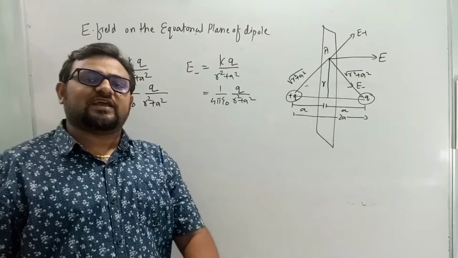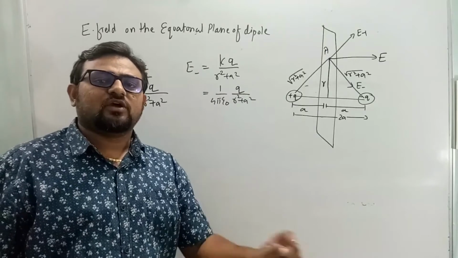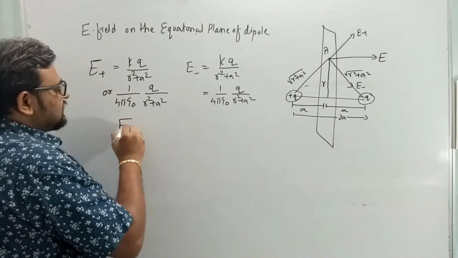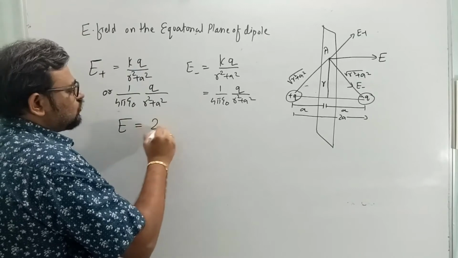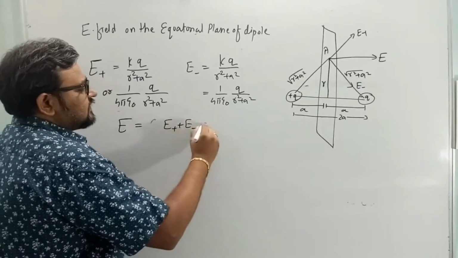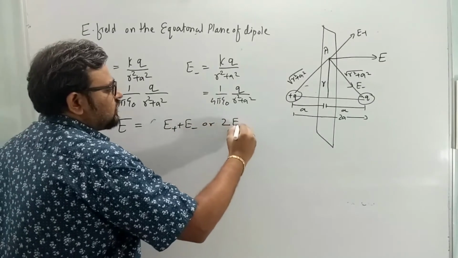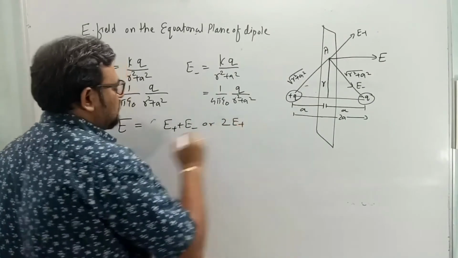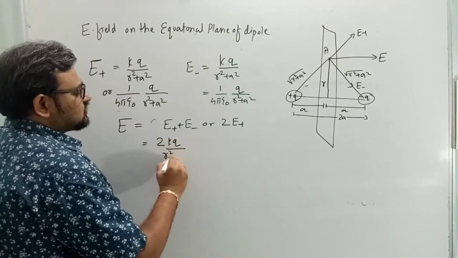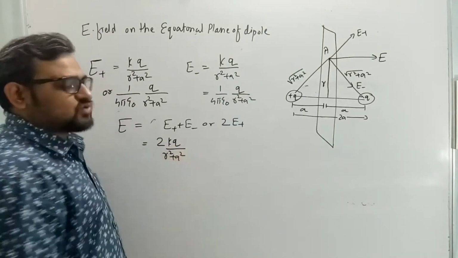Magnitude wise, the electric field due to the positive charge is equal to that due to the negative charge. So the total electric field will be E plus plus E minus, or 2E plus, or 2kq upon (r square plus a square).